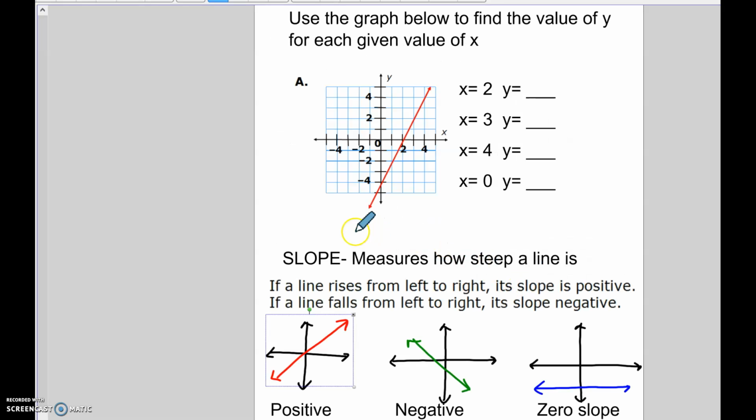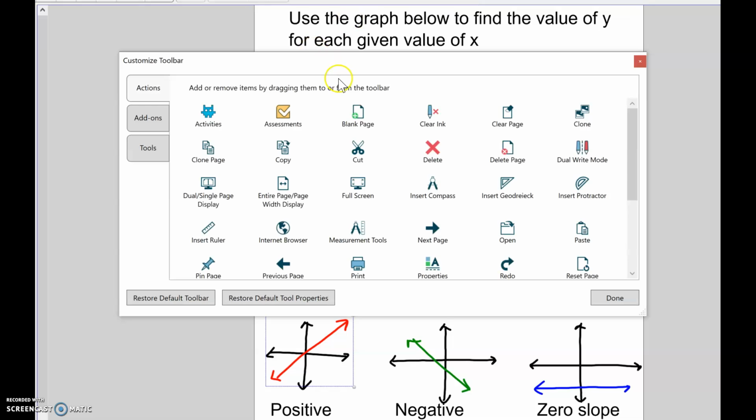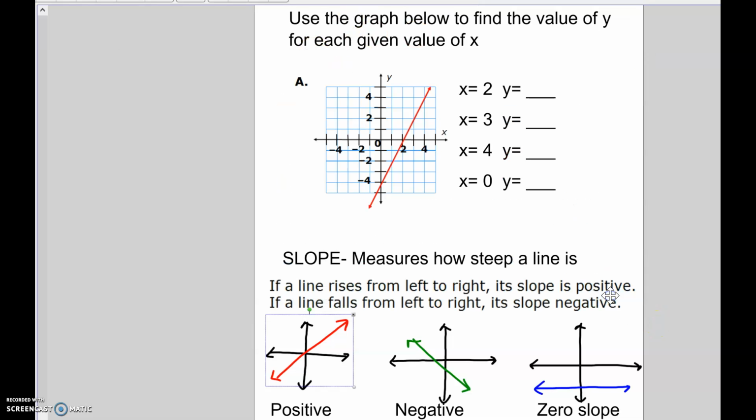Now what we're going to do is use the graph below. So we already have something graphed, and we're going to find the value of y if they give us a value of x. So I'm going to get my dashed line here, and I'm going to make it red. It says when x equals 2, what does y equal?